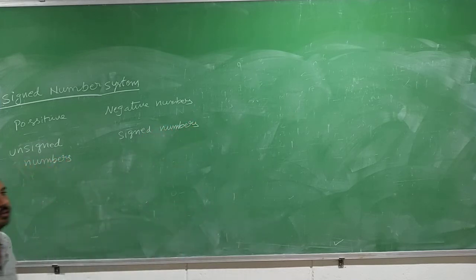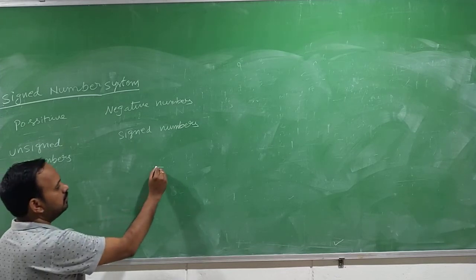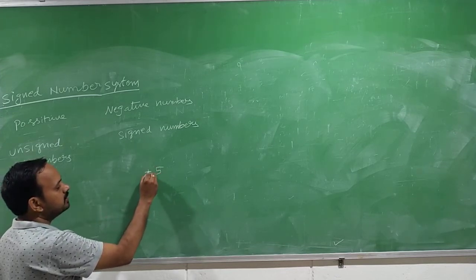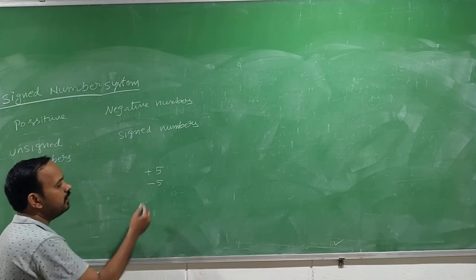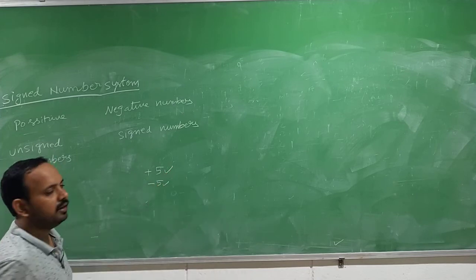Signed numbers. If you look at one number, 5 or 110, something like that, and nothing is there in front of the number in decimal, then this is an unsigned number, a positive number. But if you have some plus sign or minus sign, the plus sign indicates a positive 5, and the minus sign indicates a negative 5.